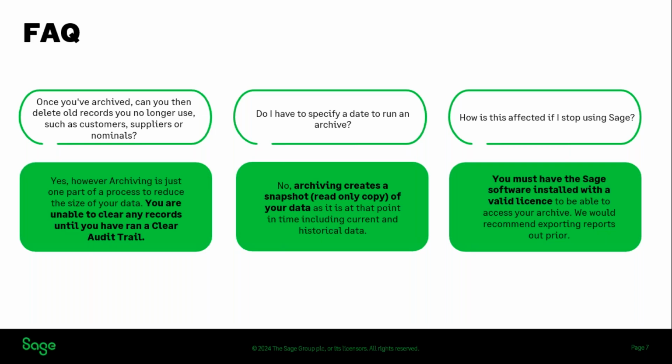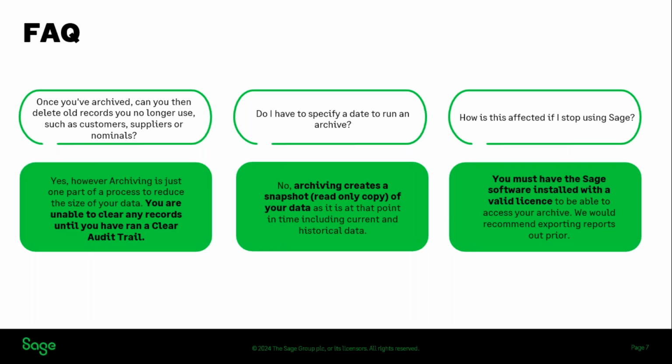So you can delete old records such as customers, nominals, and suppliers in your data set, even if you haven't taken an archive, providing they meet other criteria. So you do need to run something called a clear audit trail first. So if you've got a customer that you'd like to remove from your software, you need to first make sure that that customer has no activity remaining on the record.